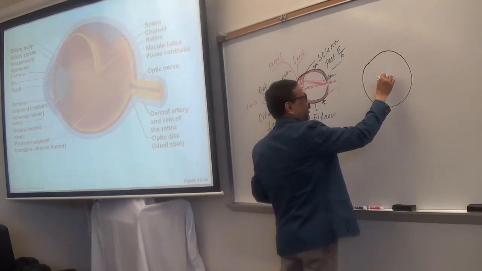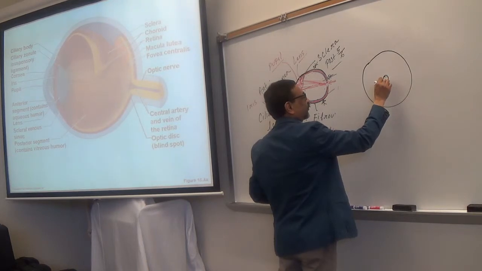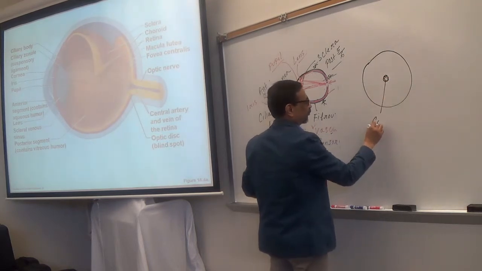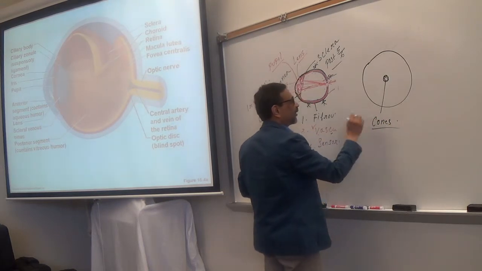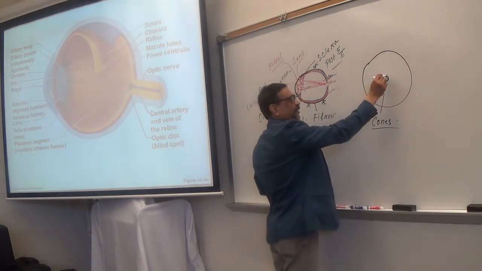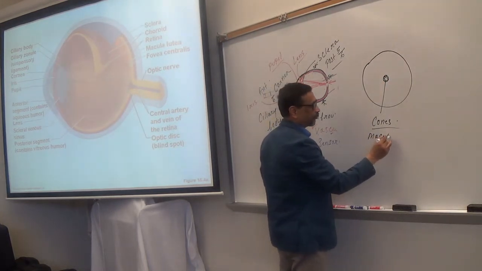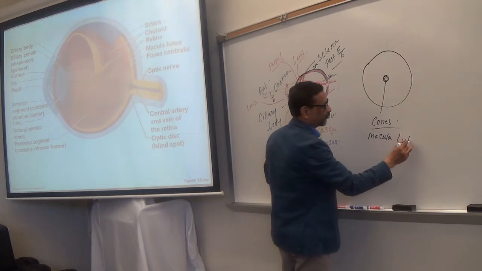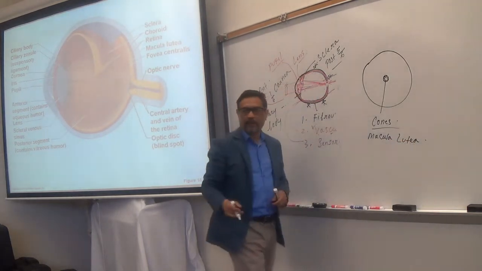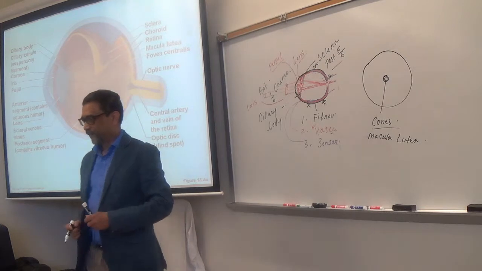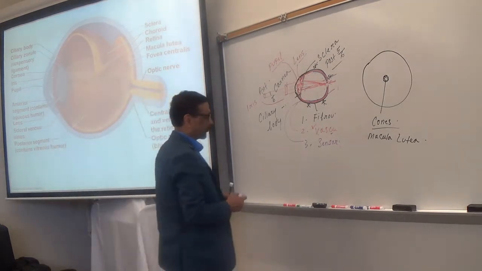in the center of the retina, you have the cones present. So these are the cones, photoreceptor cones. Okay? And this area is called macula lutea, where you have cones, one type of photoreceptors.